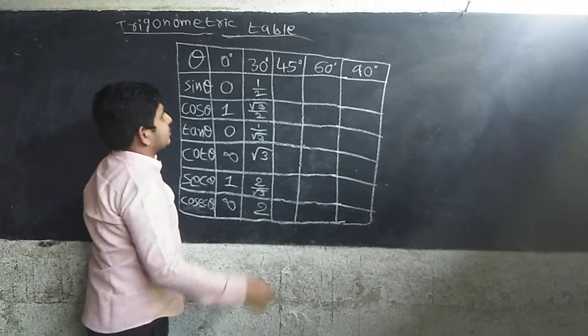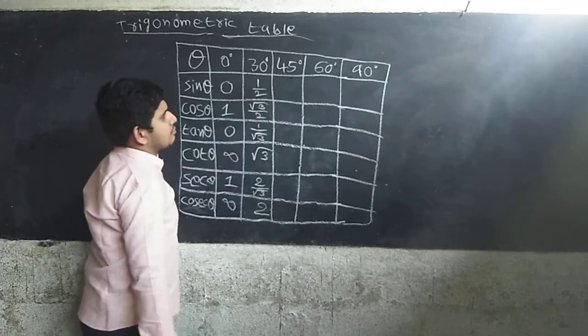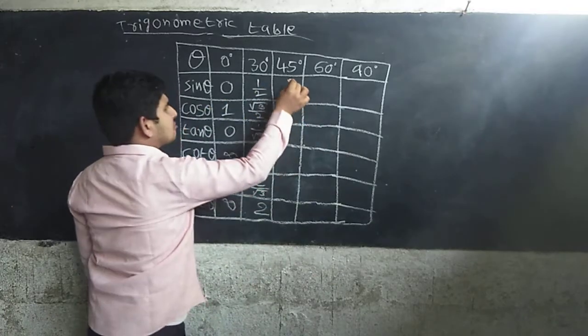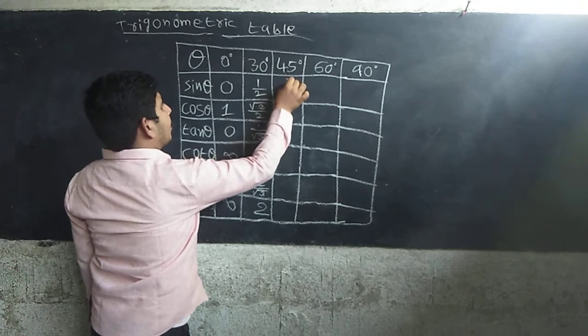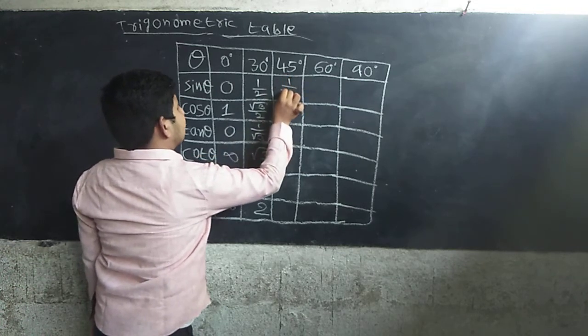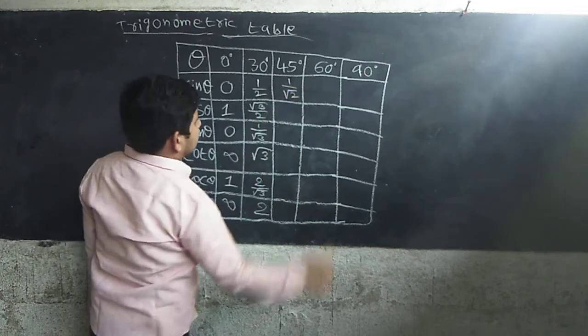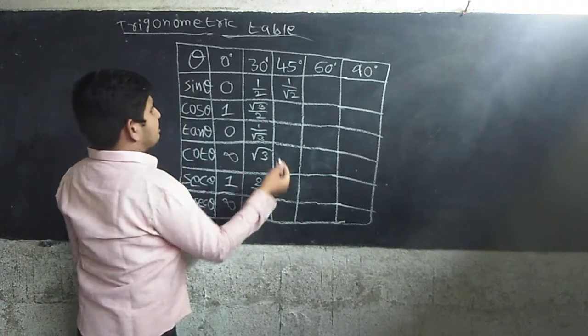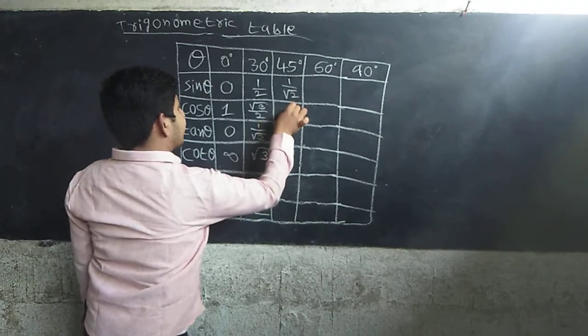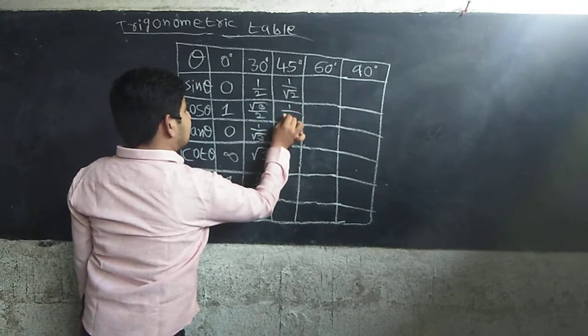Now sin 45 is 1 by root 2. Next cos 45 is 1 by root 2.